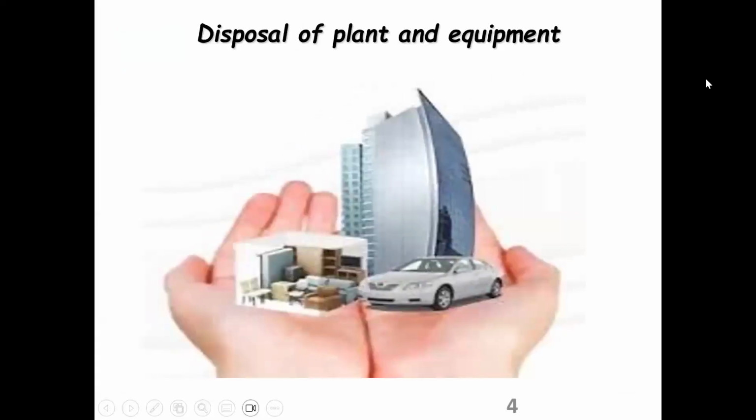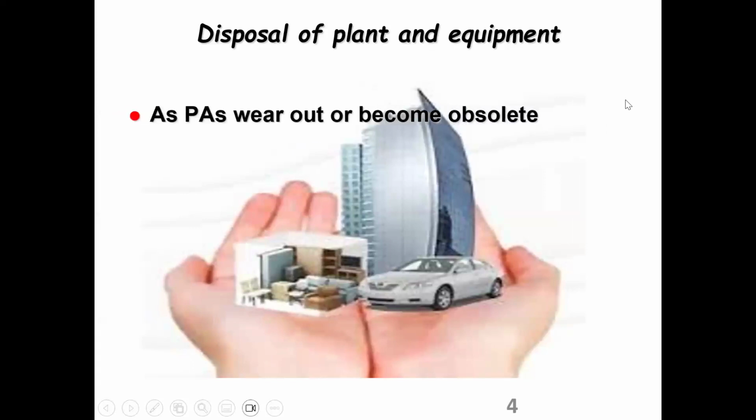So here, as the plant asset wears out or becomes obsolete, it must either be scrapped. By scrap, I mean that it is given to the scrap dealer at no charge. You get no price for giving away your own plant asset.